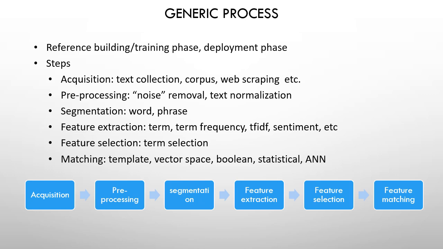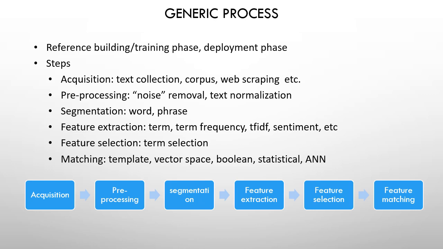Then we do some pre-processing to remove noise. Noise here means any information that we do not really need for our data processing purpose. We will see later on what kind of noise removal we could do.